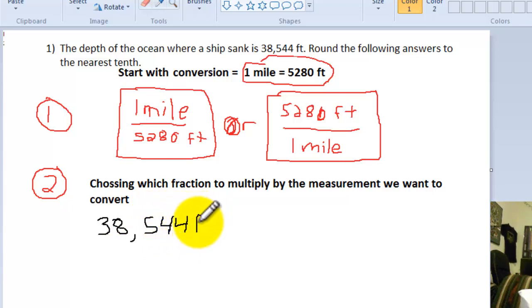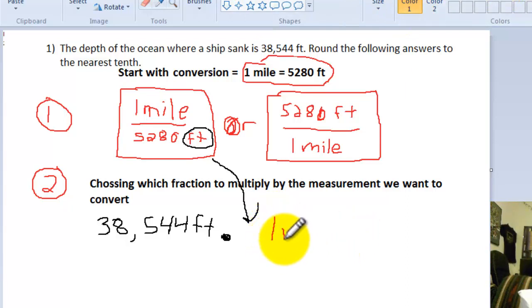If you're starting with feet, all that means is you choose the fraction with feet on the bottom. That's it. That's all you have to decide. And that becomes what we multiply by. So it's always multiplication. And now we just plug in the conversion factor, which is 1 mile over 5,280 feet.